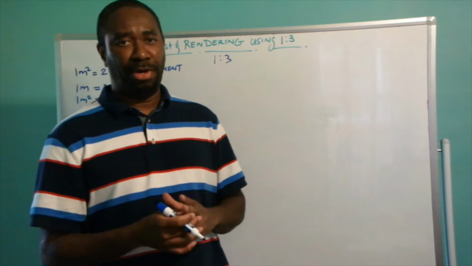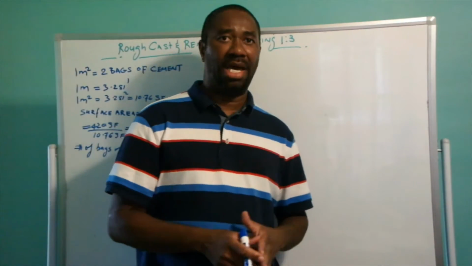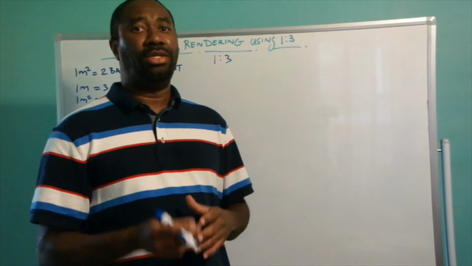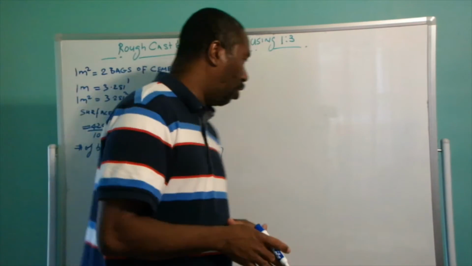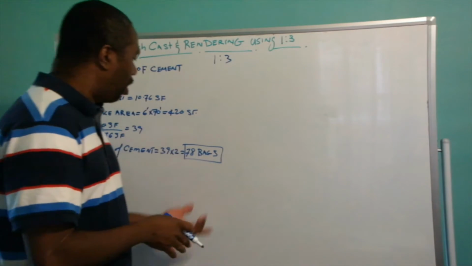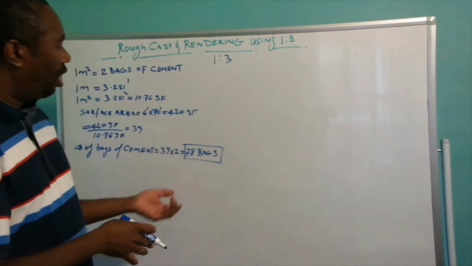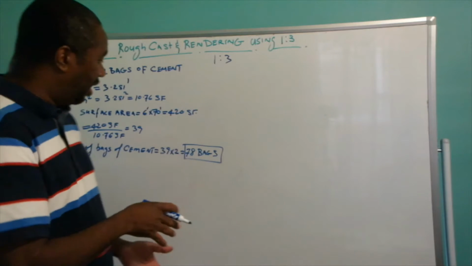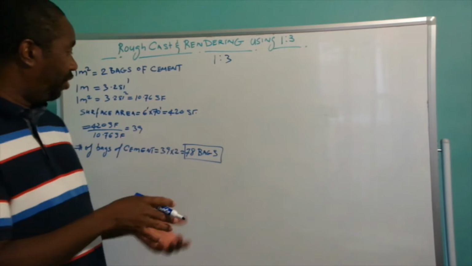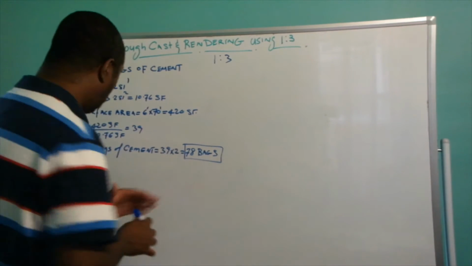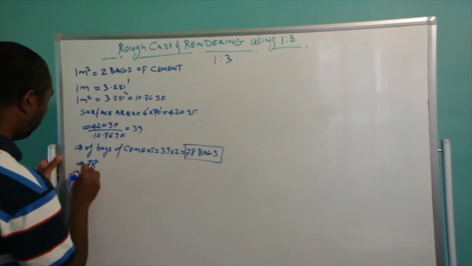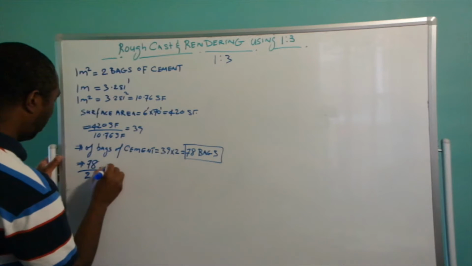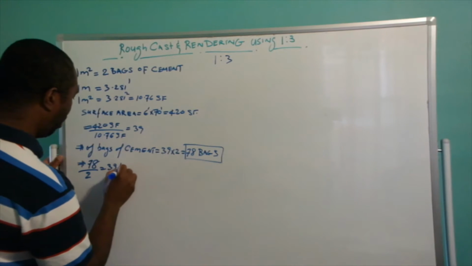But for the purpose of this exercise, I'm going to be using 2 bags of cement for ease of calculation. So to obtain how many barrels of cement we can get from 78 bags, we have to divide this 78 by 2. So this is going to be 78 divided by 2, which is 39 barrels.